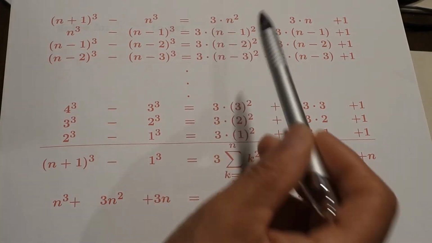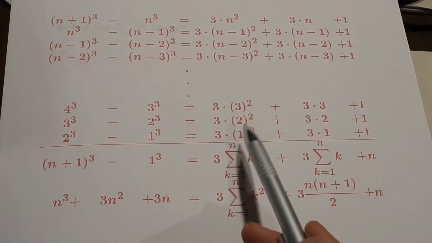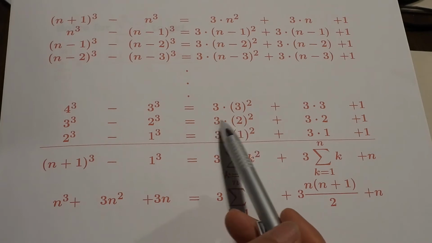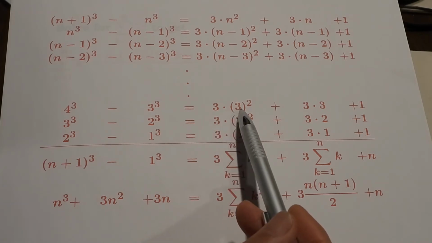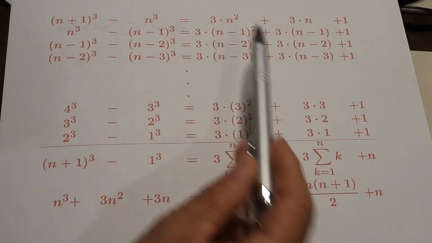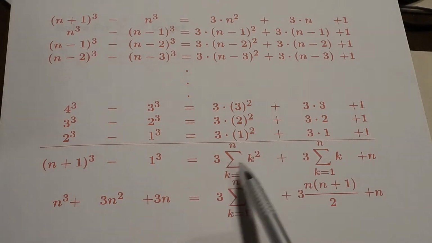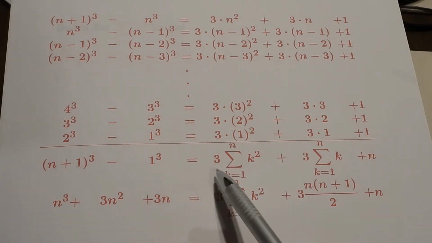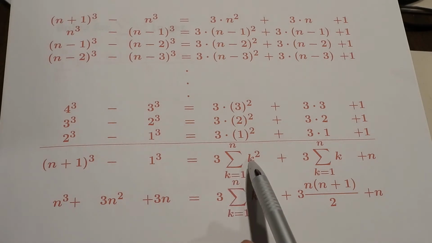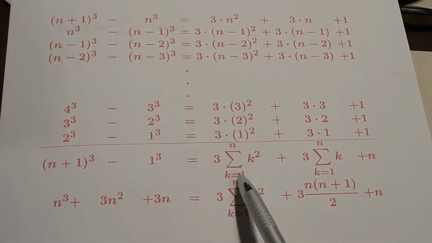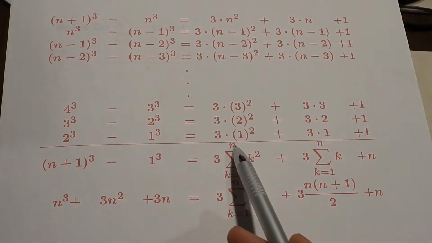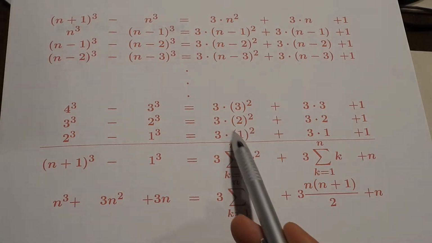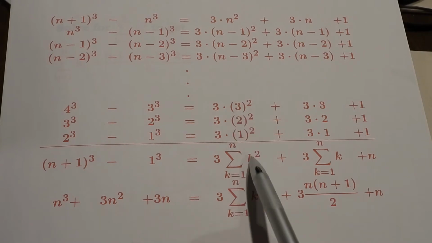In this column, you have 3 times 1 squared, 3 times 2 squared, 3 times 3 squared, all the way up to n. So with the sigma notation, we can say 3 times k squared as the value of k goes from 1 to n. And you can see here square, square, square, so we just replace k.